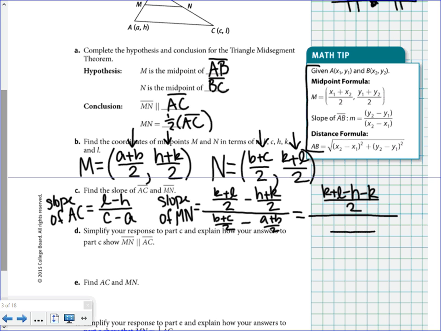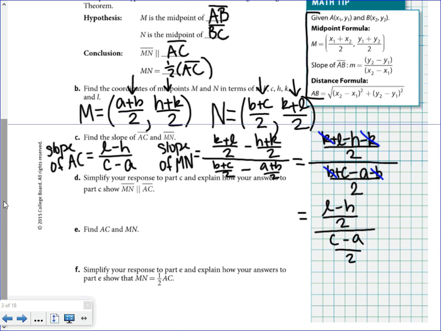We have over 2, and so we have B plus C minus A plus B is going to become minus A minus B, because you have to distribute that negative. And so then K minus K cancels, leaving you with L minus H over 2. And then B minus B cancels, leaving you with C minus A over 2.